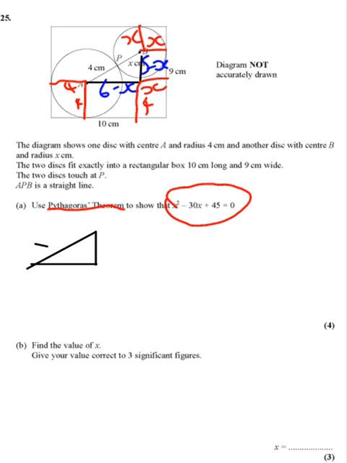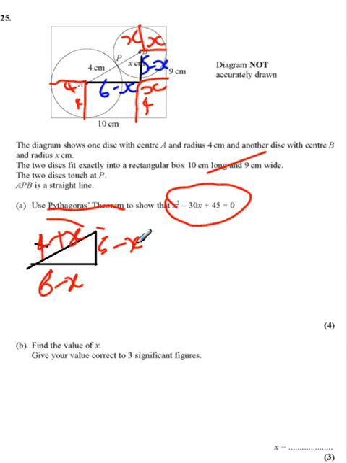Still getting used to this. Right. Let's try it again. 4 plus x. This length here is 6 minus x. And this length here is 5 minus x. Okay, now that's the crucial part to solving this question.